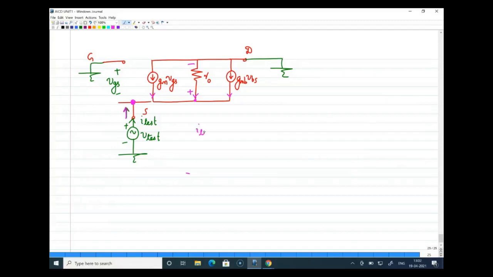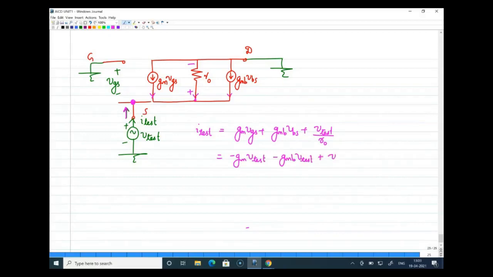So I can write that Itest is equal to gm VGS plus gmb VBS plus Vtest by R0. When I replace VGS with Vtest, it is minus Vtest here, and minus Vtest even here, plus Vtest by R0 equal to Itest.